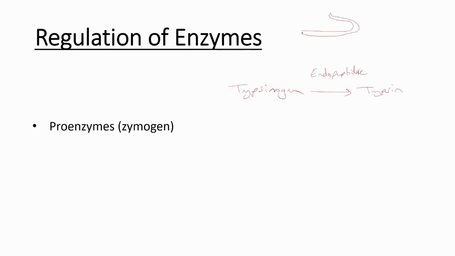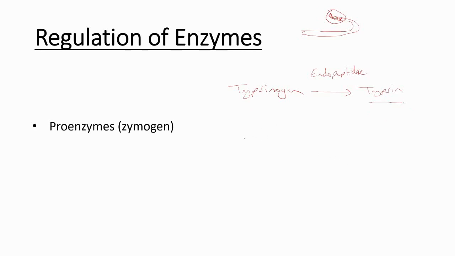What endopeptidase does, it cleaves a short sequence of polypeptide on trypsinogen, and when you cleave off this short segment, you get trypsin, and the short segment serves to inhibit the activity in trypsinogen. Well, then this trypsin can go ahead and digest proteins.